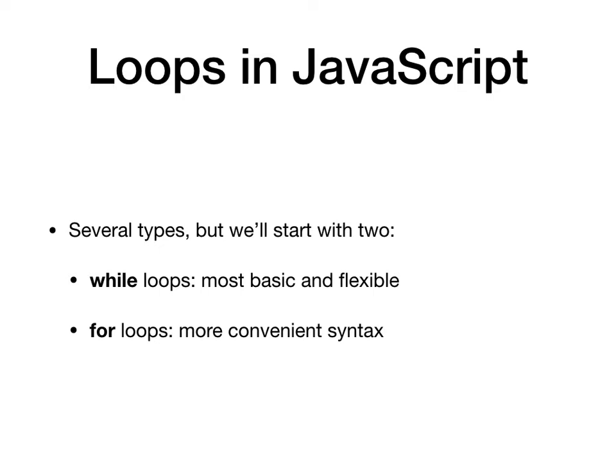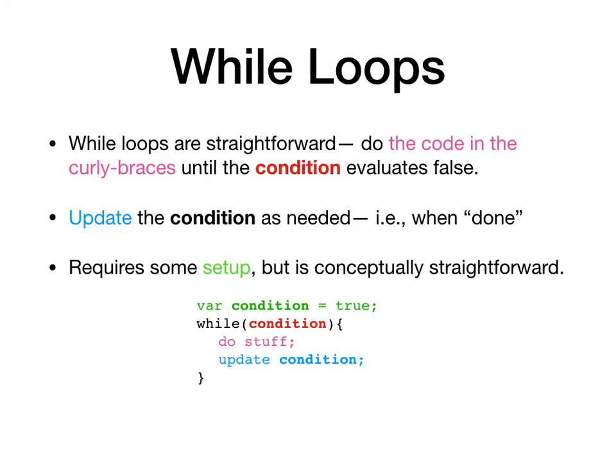You can achieve the same things with both of them, but I think for loops have a little bit more ease of use, and while loops you can get a little more custom with how you handle them. So while loops, we'll start with these. While loops are pretty straightforward. Do the code in the curly braces over and over until the condition evaluates to false.